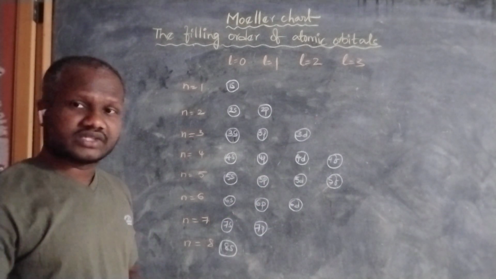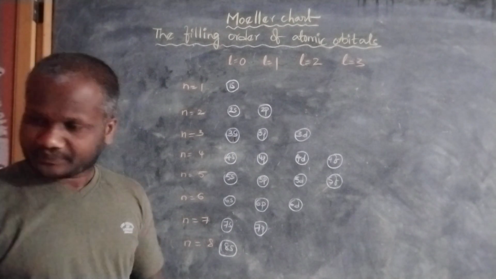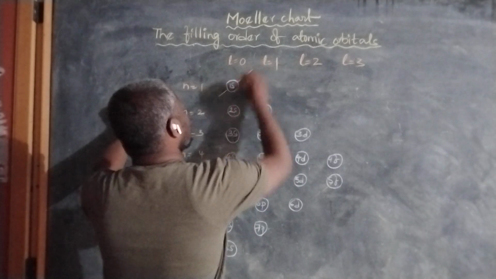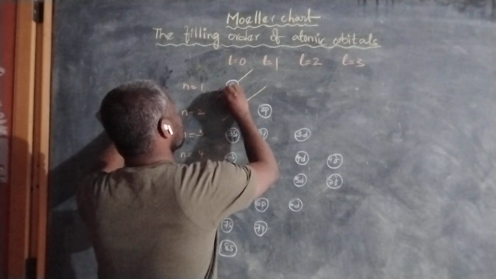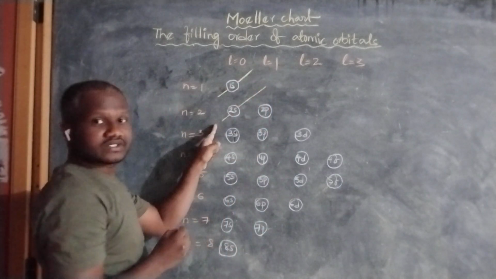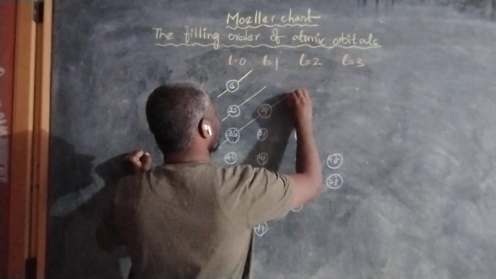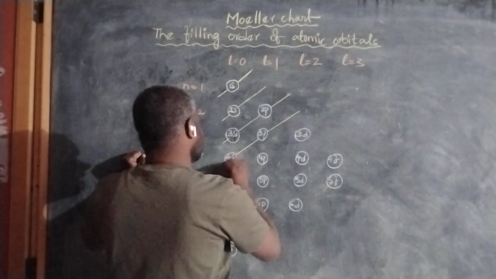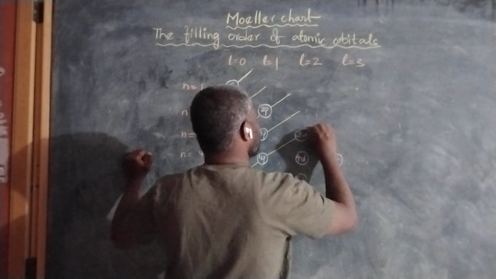After writing this, with the help of a ruler, that is a scale, you have to draw the lines. The lines should be parallel to each other, like this. Very simple. At the start itself you should not combine them and you should not give arrows.